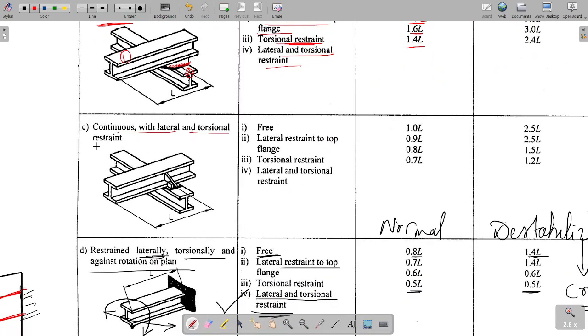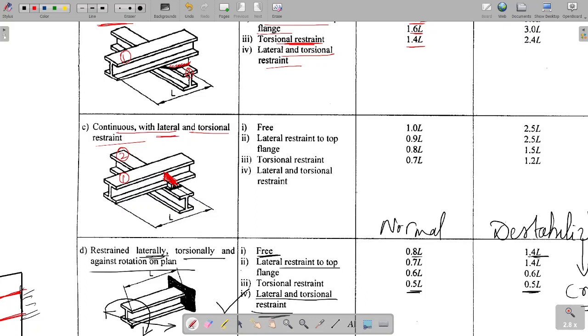Then the C condition, continuous with lateral and torsional restraint. Lateral and torsional restraint at the support. ये support के लिए. So you can see beam under consideration is beam number one. Beam number two पे rest कर रहा है. And there is welding of the bottom flange of beam one. Okay, and again there is a member steel plate, okay, of an I shape that has been welded.